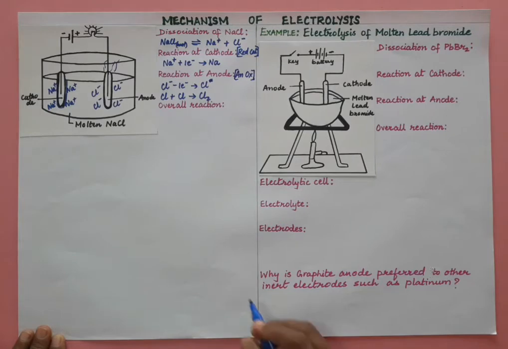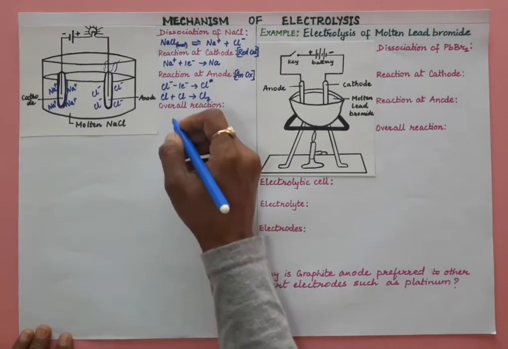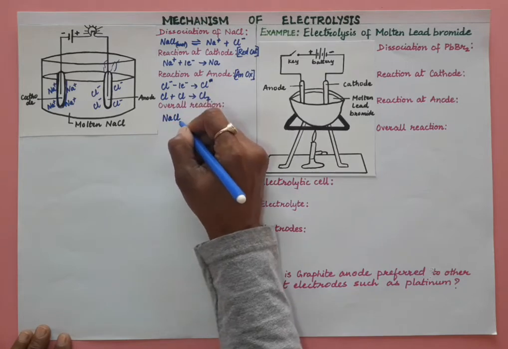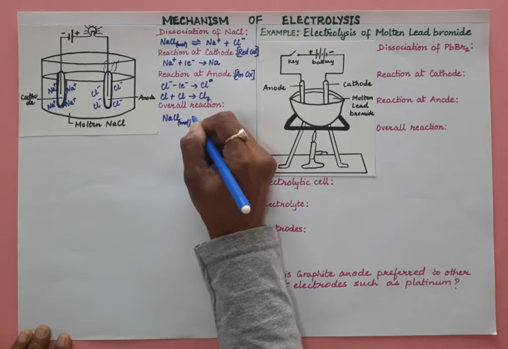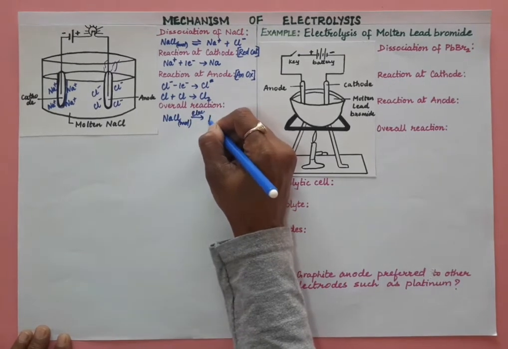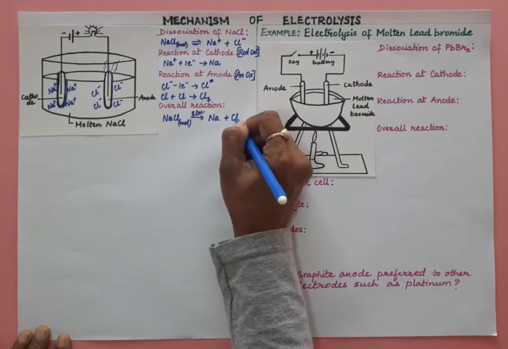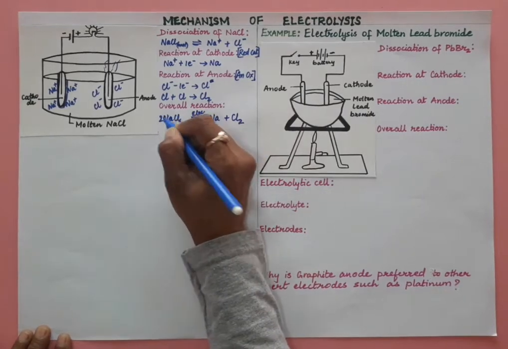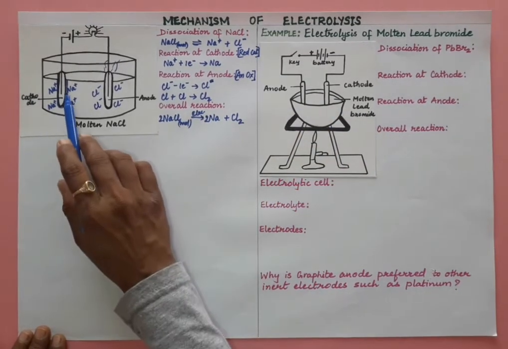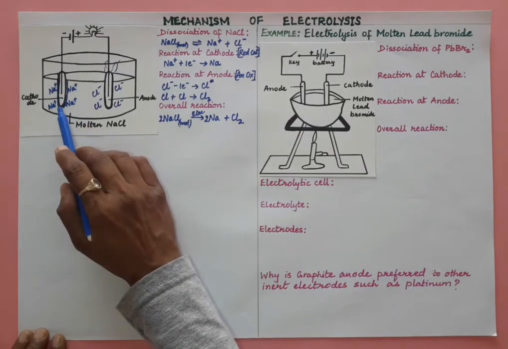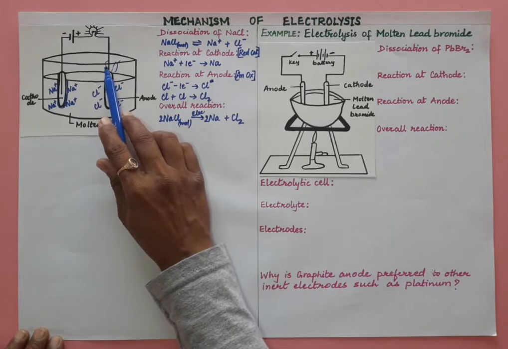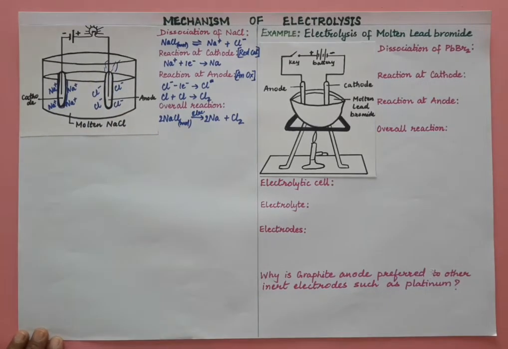Now what could be the overall reaction? Sodium chloride, NaCl, in the molten state, when we pass an electric current, breaks down into sodium and chlorine: 2NaCl gives 2Na plus Cl2. We see a silvery white deposit of sodium and a greenish yellow gas, chlorine, liberated at the anode. The balance is always maintained.